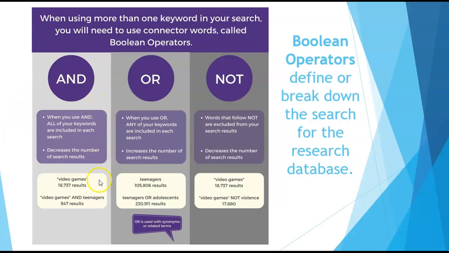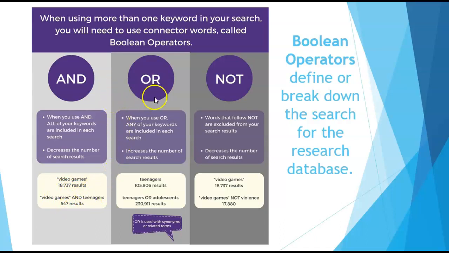So you'll see here's a sample: if you searched video games, you would get this big turnout, 18,000 plus items come up. But if you add the word and teenagers, it's looking for both terms. Those terms are required, and you get down to 547.